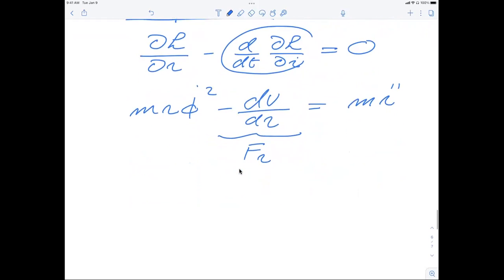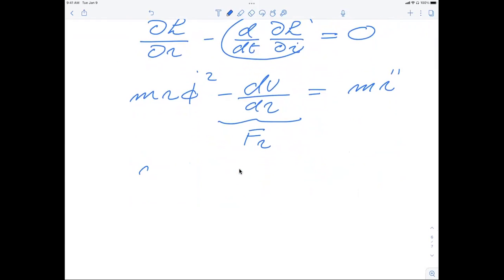So when we collect everything, the radial acceleration is simply given by r phi dot squared, which led to the angular momentum, plus a term which we call f of r, divided by the mass of the particle. And this is the equation which we could solve analytically if we plugged in the gravitational force.